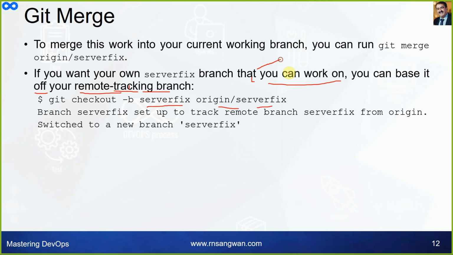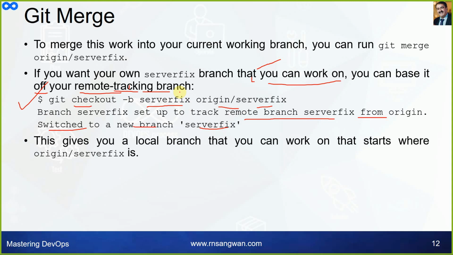Branch server fix set up to track remote branch server fix from origin, and switched to new branch server fix. That's how you do it. And so you are checking out. That means you will be working on this. This gives you a local branch that you can work on. And interestingly, where your remote branch is, that is origin/server fix. This is your local branch and this is your remote branch.